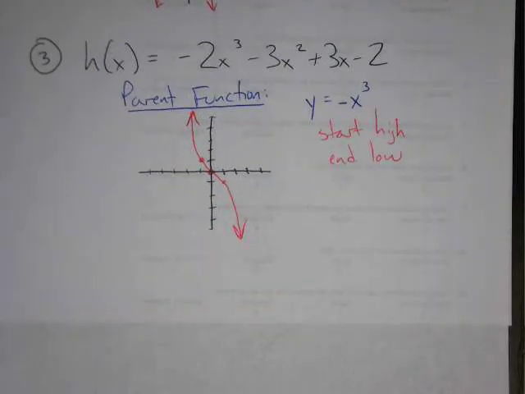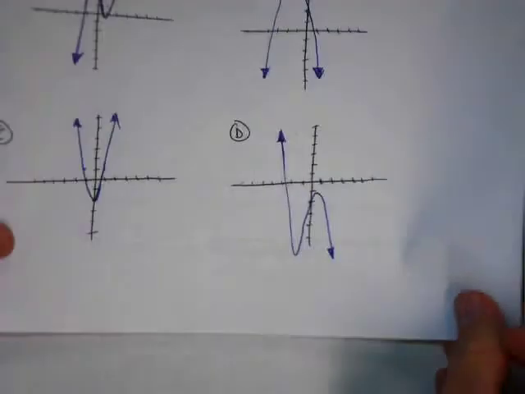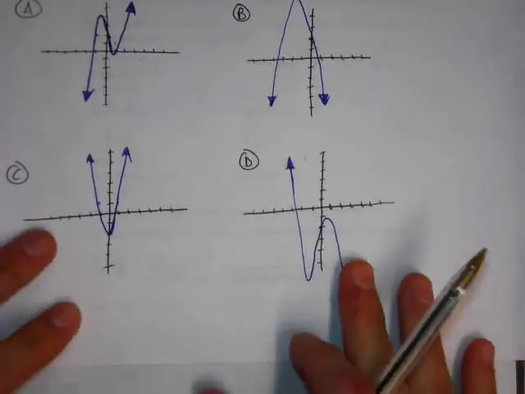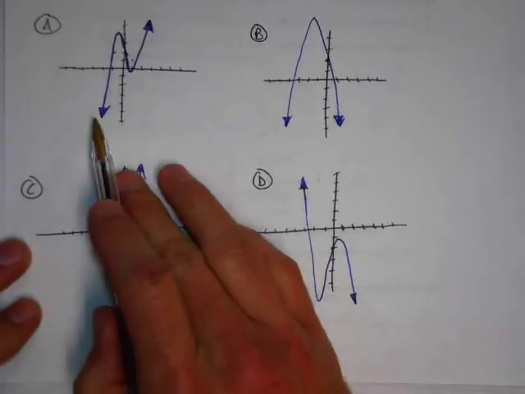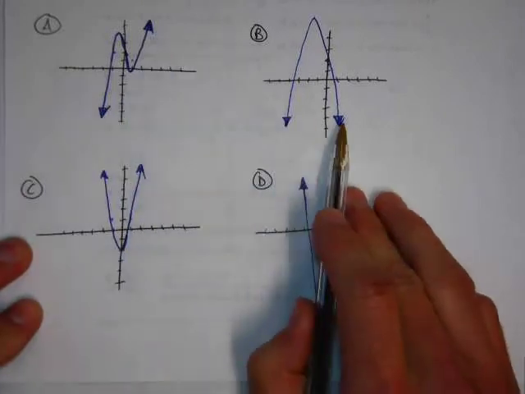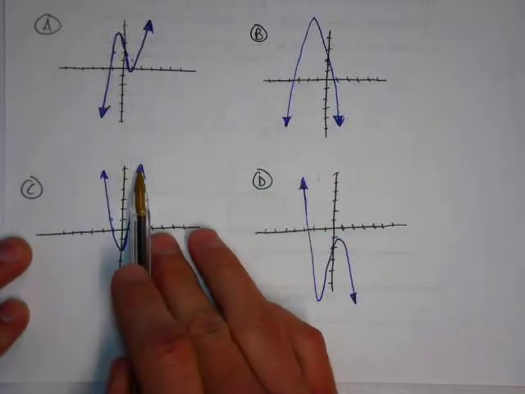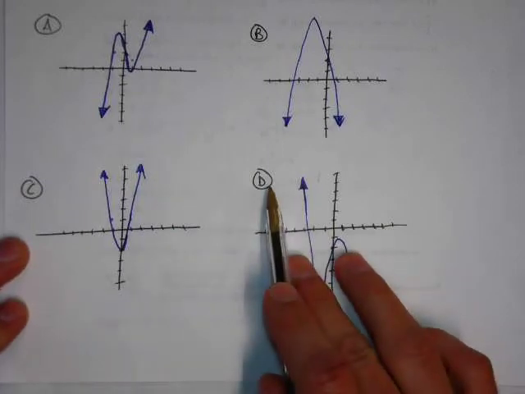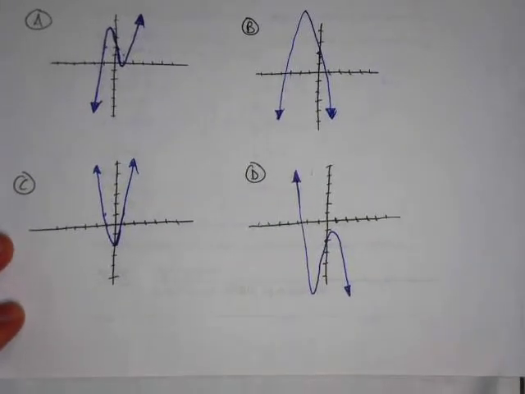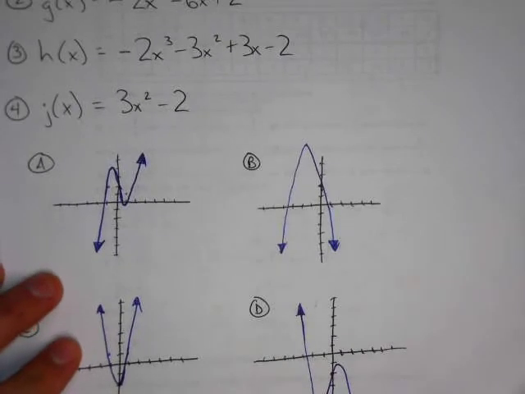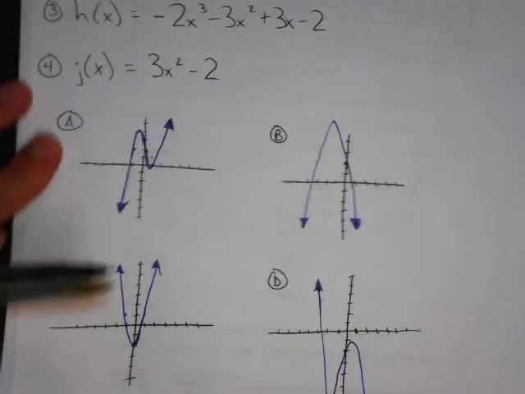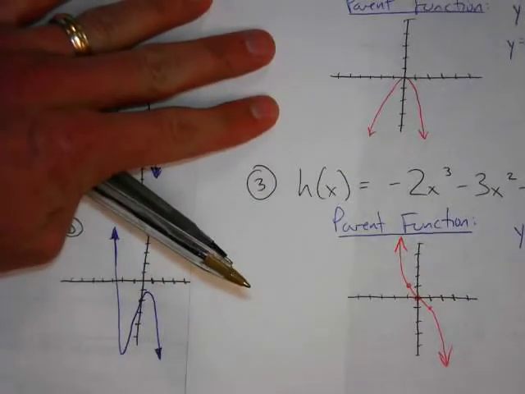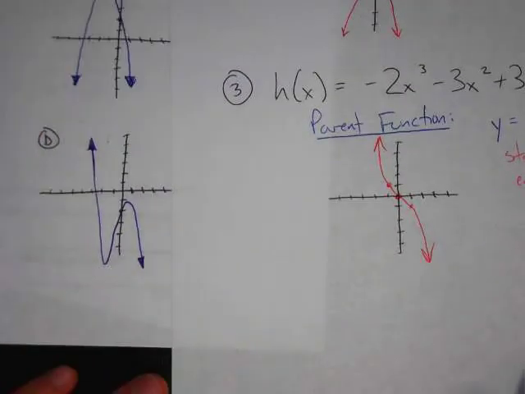So which graph fits that description? If we look at our 4 graphs, starts low, ends high; starts low, ends low; starts high, ends high; starts high, ends low. So graph D is the match for equation number 3. Now take a look at equation number 3. The parent function had this characteristic, right?